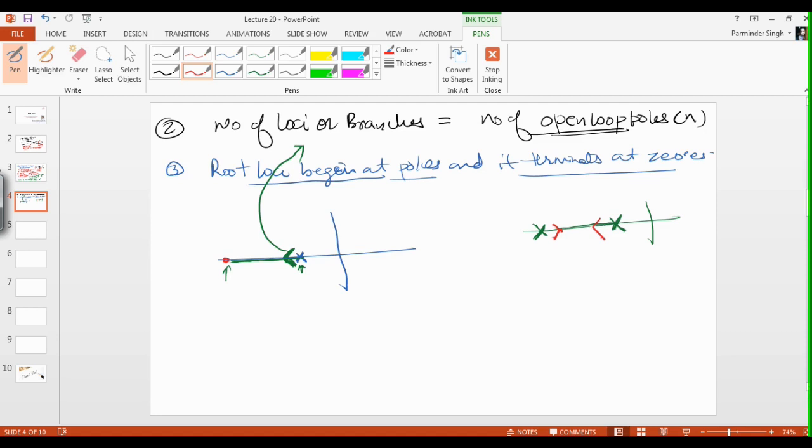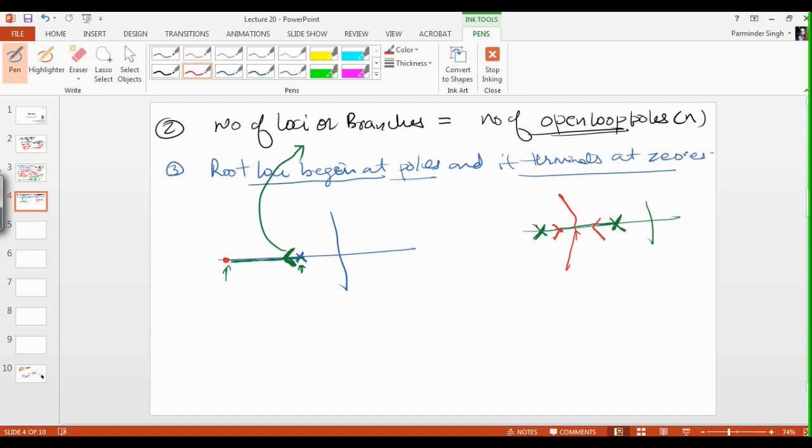What will happen? They both will approach towards each other. They will meet at a single point, which we will determine later on. They will meet at a single point and then they will leave the real axis. That means they have a head-on collision with each other at a certain point on this real axis, and then they will leave the real axis. Clear?